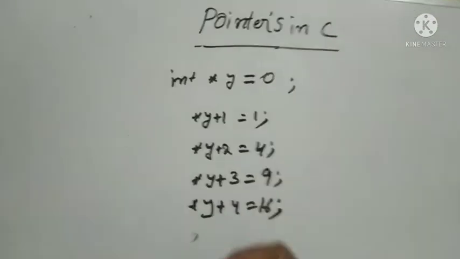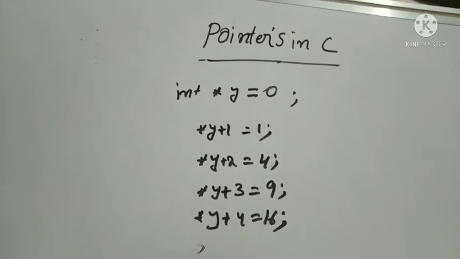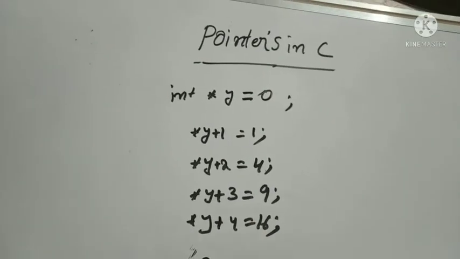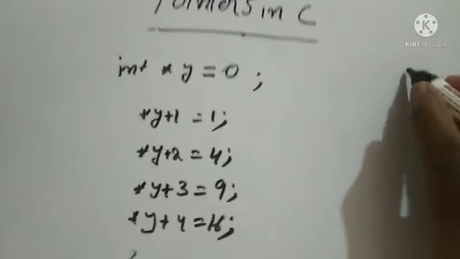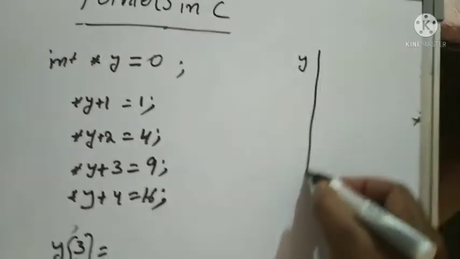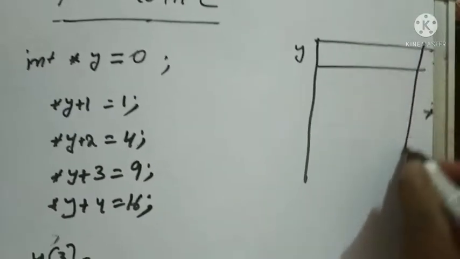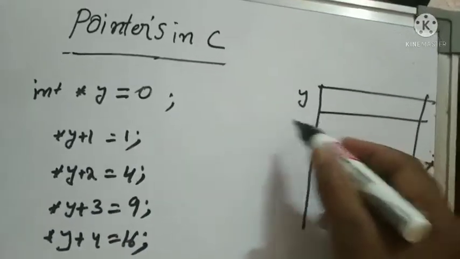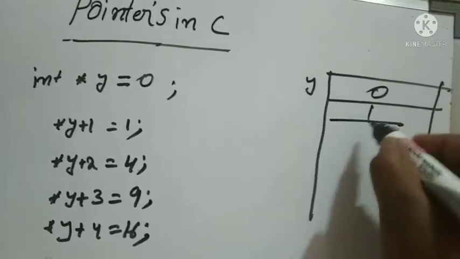So now an array will be created in some memory location. Y indicates the address of that memory location, and from there the data will be stored.